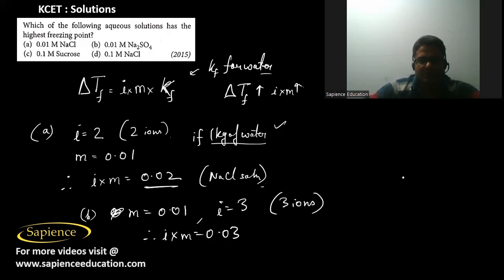So here the rule is that delta TF, the depression in the freezing point, is the normal freezing point of pure water minus the freezing point of the solution.